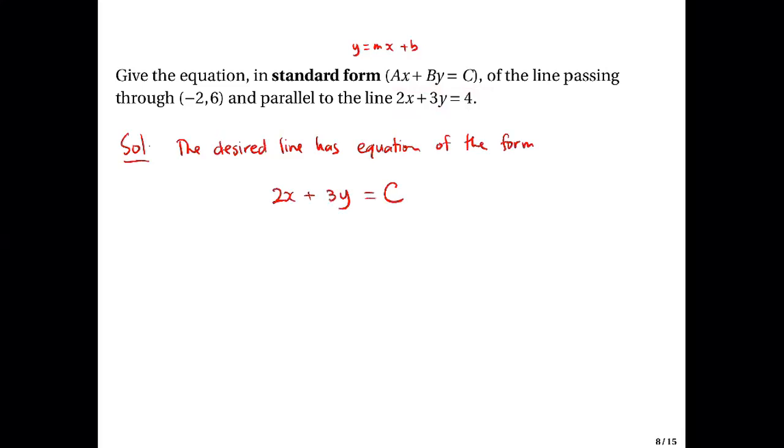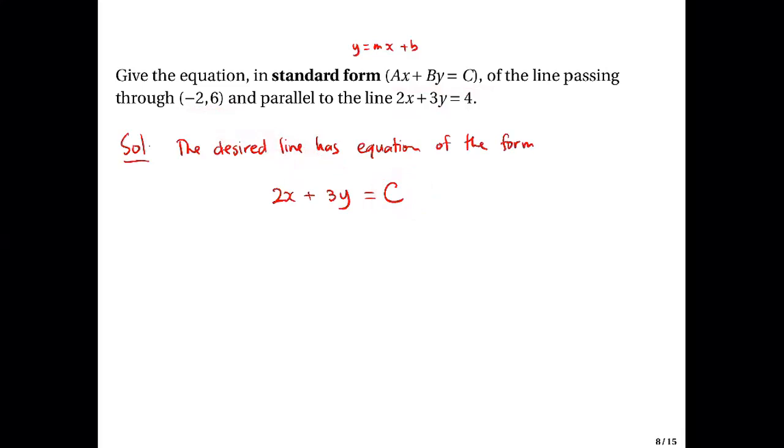And here, we need to identify what this c is. If the desired line passes through this point, then all we need to do now to calculate the value of c here is to substitute this point to the variables.